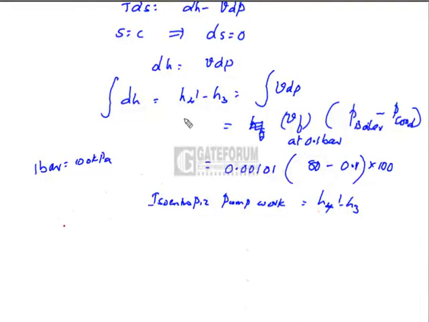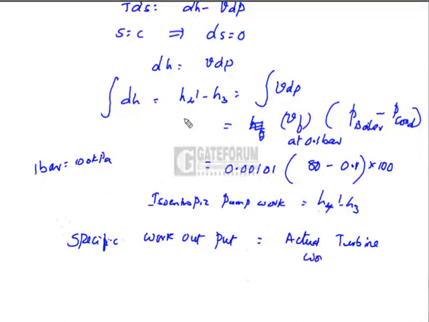Therefore, specific work output is equal to actual turbine work output minus isentropic pump work input.